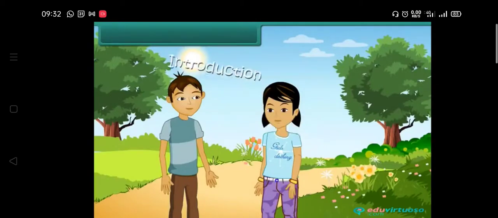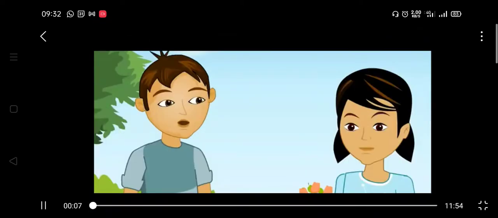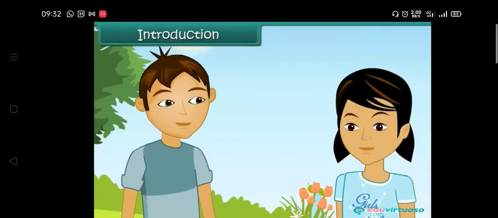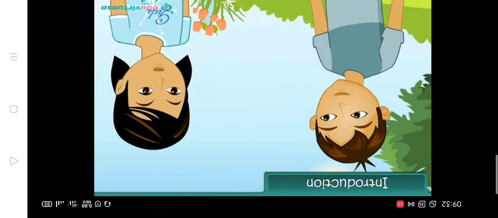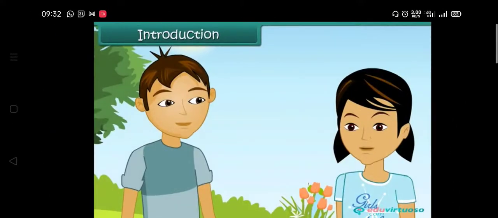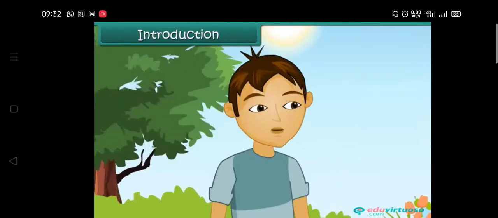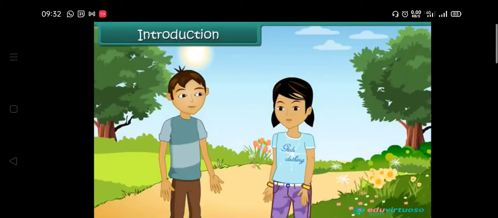Introduction. Come Rahul, let's play a game. Which game are we going to play? We are going to play a game in which we will look at each other without blinking our eyes. Whoever blinks first will be the loser. Ruchika, I am sure that I will win. Wow, you are so confident. Okay, Rahul, do you know that there is movement in our body even when we are sitting or lying on the bed?